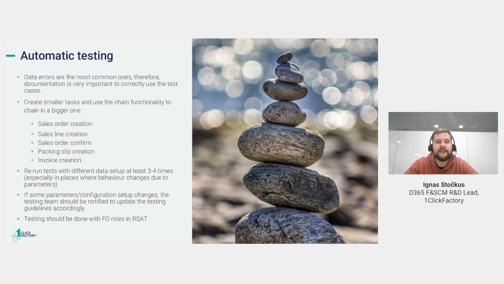Also, it's very handy if some parameters or configuration change in production. When you restore the database back to the testing environment, it's very good if the testing team is notified that there are some parameter or configuration changes. When these changes occur, usually it means that the test case will behave differently, and the engineer will need to investigate why it behaved differently, what the reasons were. So we can save time if we know beforehand that, hey, this parameter has changed.